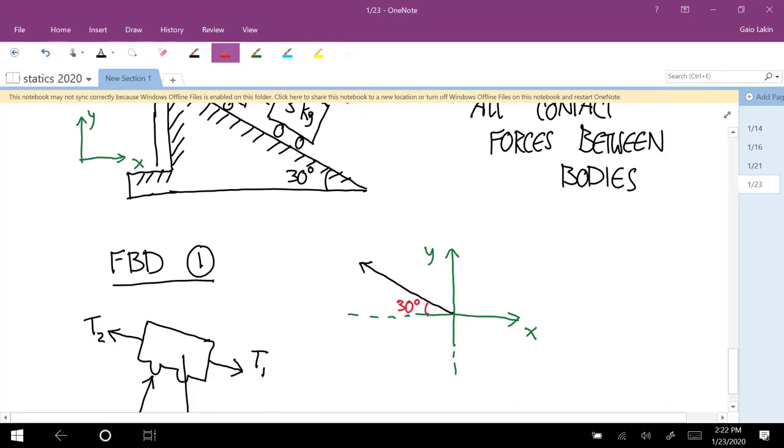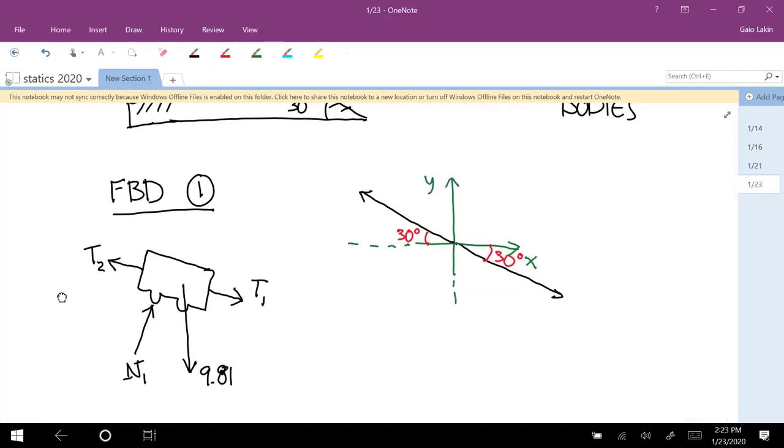So I'll draw one like this, exactly opposite. That means that this has to be 30 degrees. And then the last one, that normal force, is perpendicular to both of those.